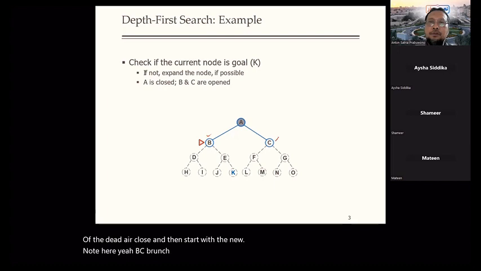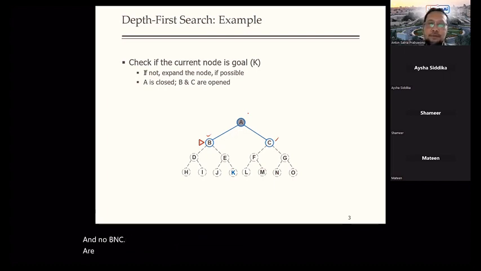So A is the root as a starting point, and then we expand with B and C, and A is closed. Now B and C are open.